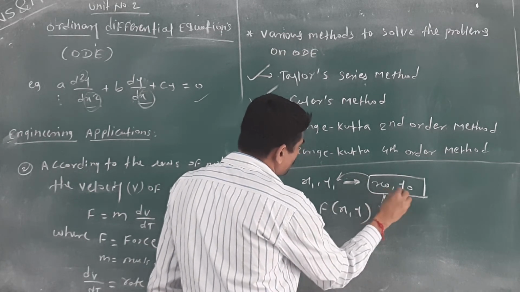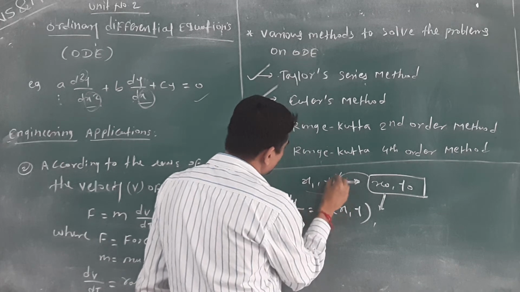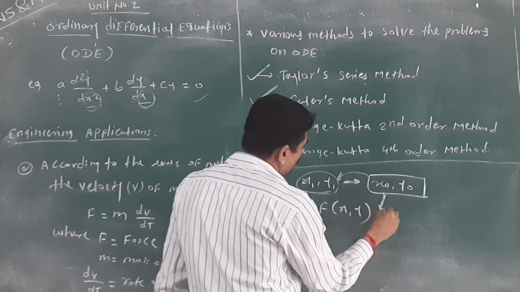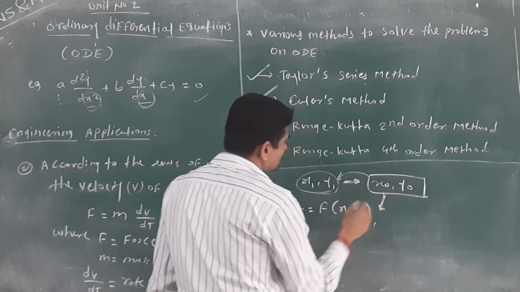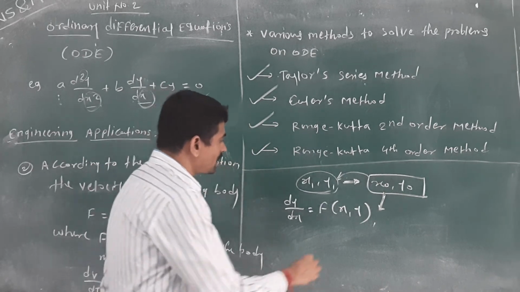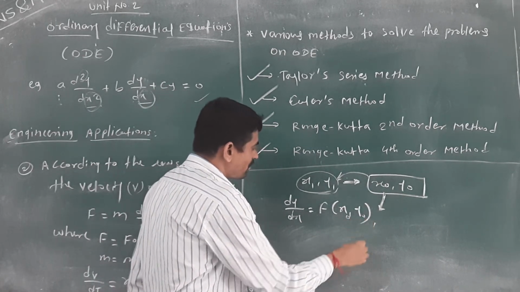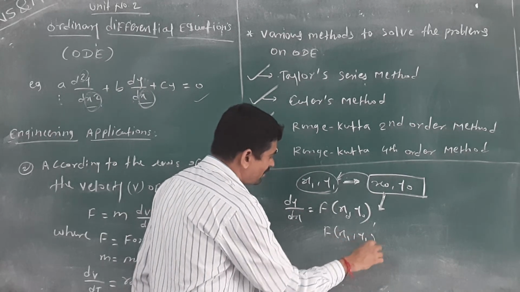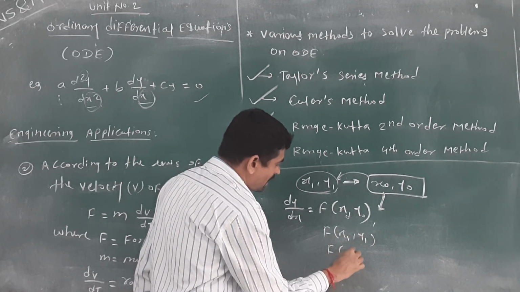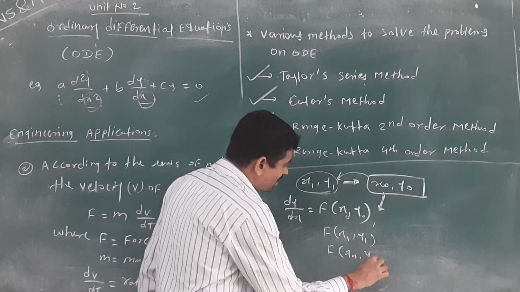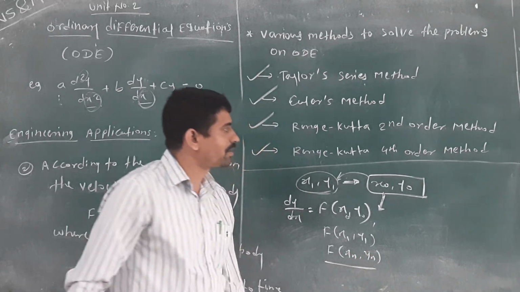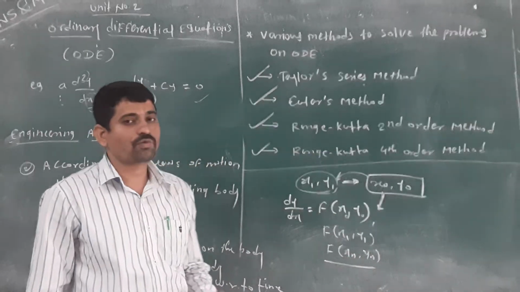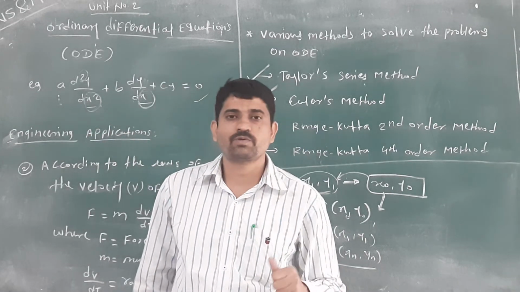If you want to find out the value of x1, y1, then before that you know the value of x0, y0. Then that value will change, and again you will get x1, y1, then again x and y. Up to that you can find out with the help of these methods, but you should remember the formulas.